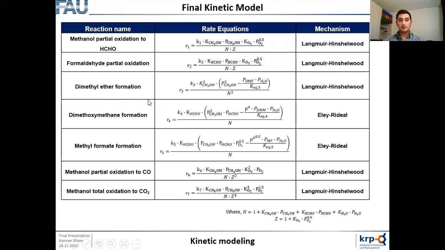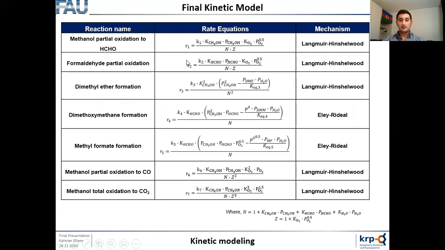So, assuming that the gas in my system was ideal, I derived the following list of rate equations. I could name this my final kinetic model, which I'm going to use to estimate unknown parameters. And unknown parameters here, as you can see, are the rate constants, and also the constants of the Arrhenius equation, as you will see in the next slide.